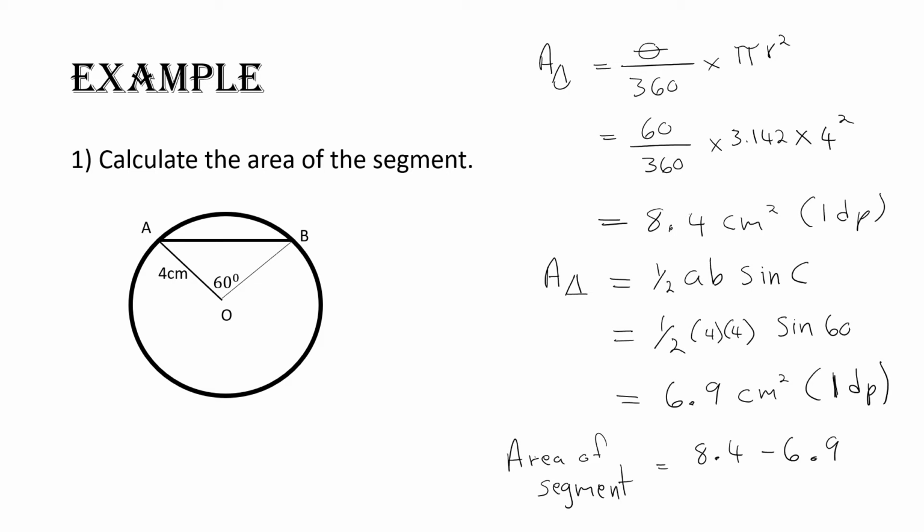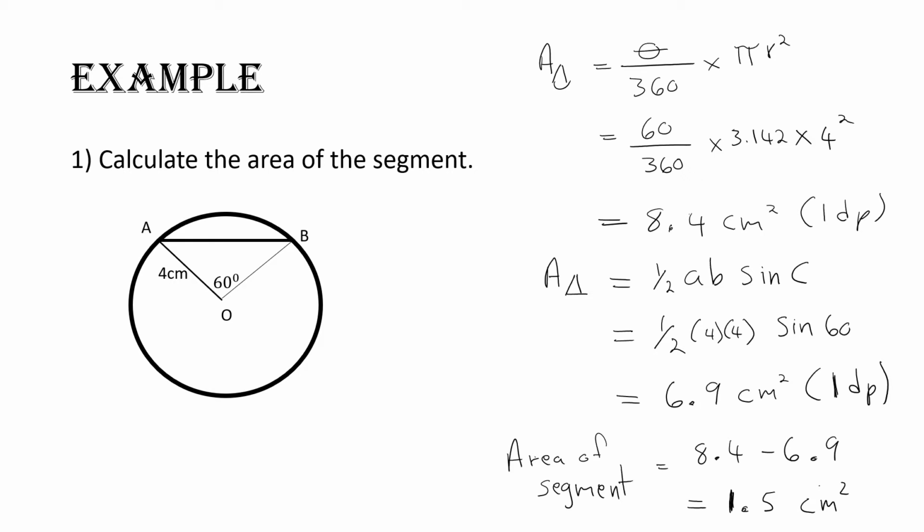And once I find that difference, you will see clearly that the area of the segment in this triangle is 1.5 cm squared. 1.5 cm squared. And that's it.